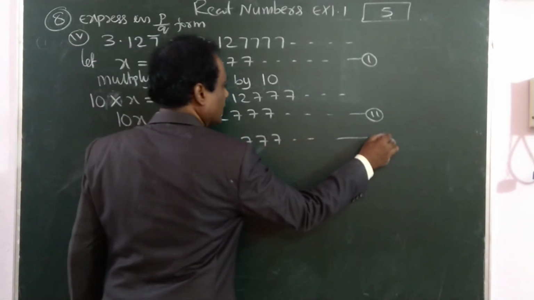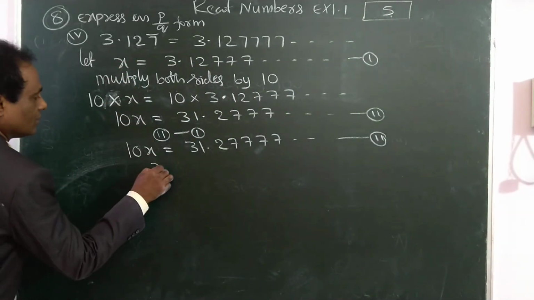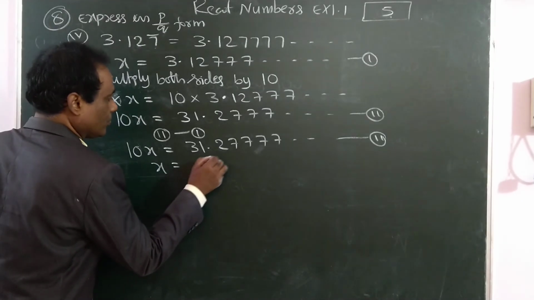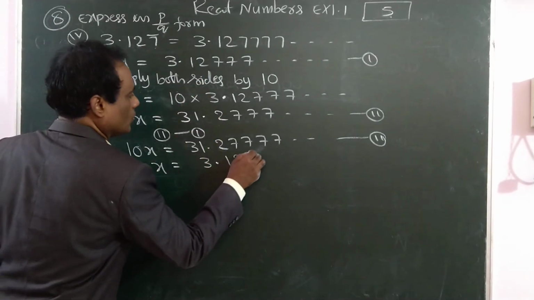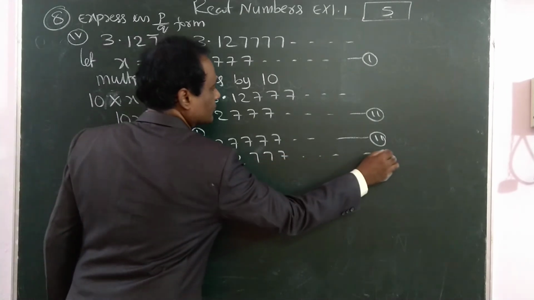10x equals 31.27777 and so on, the second equation, and the first equation is x equals 3.12777 and so on.